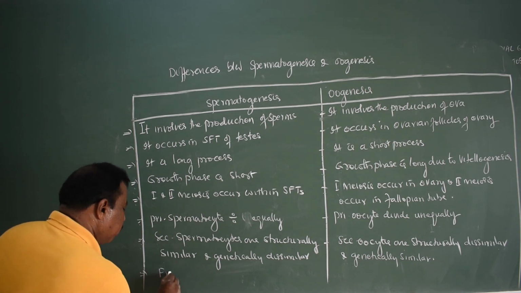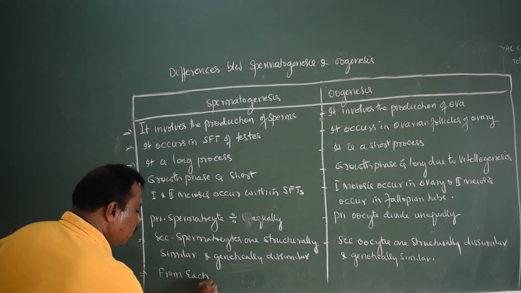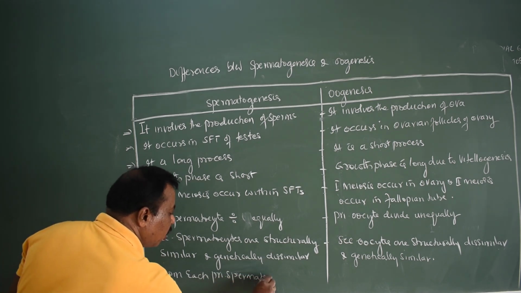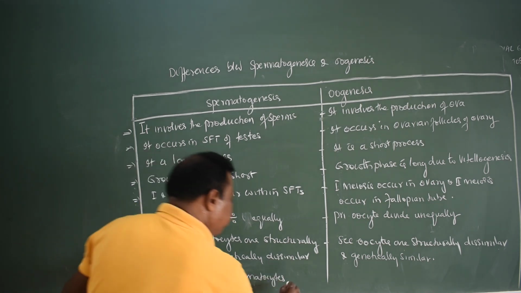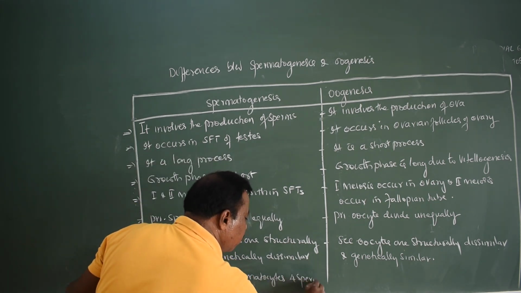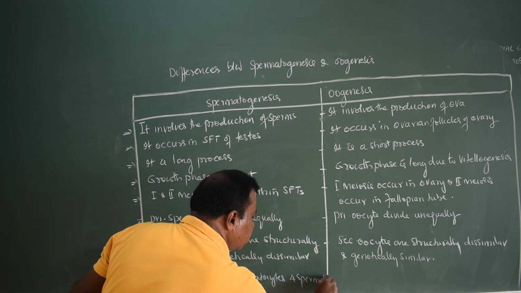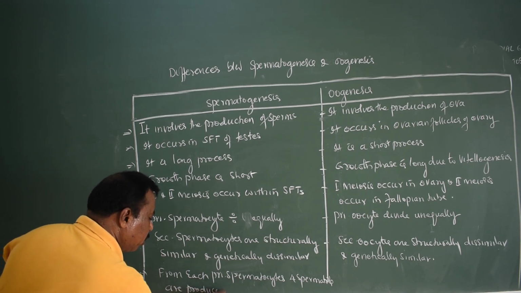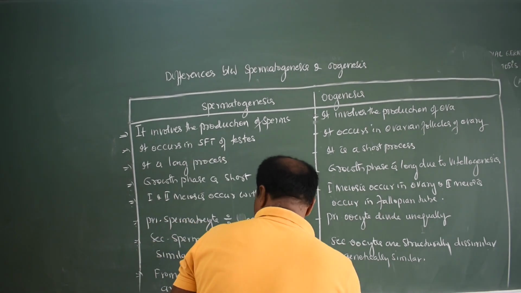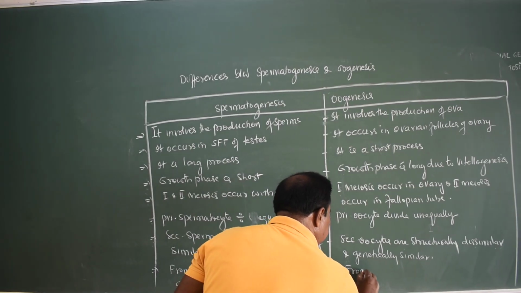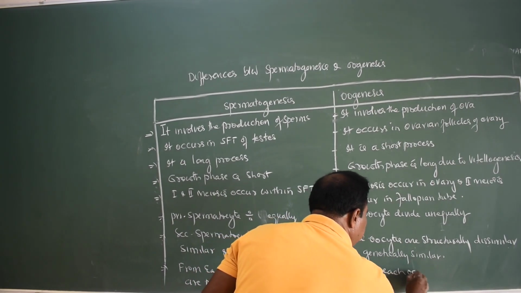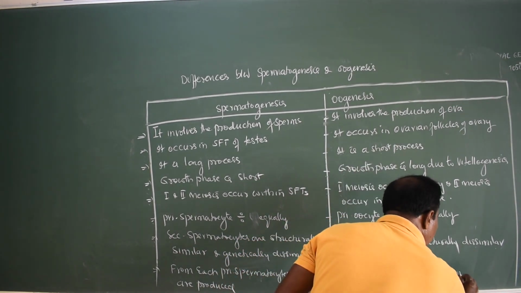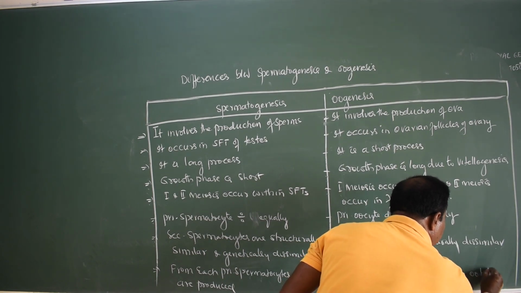From each primary spermatocyte, four spermatids are produced. From each oocyte, only one ootid is produced.